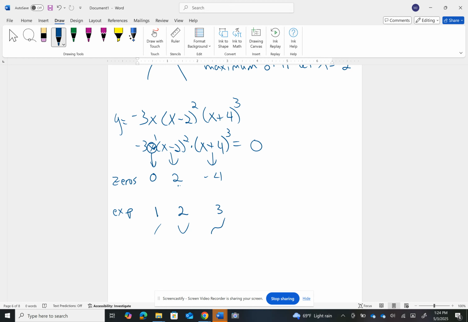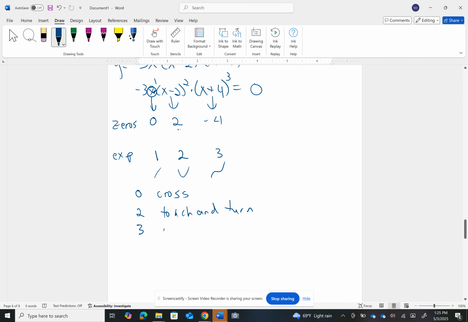So it still crosses the x-axis. So the 0 would be 0, and it would cross. Okay. And then 2 would be a 0, and it would touch and turn. And then the negative 4 is going to be a 0, and it's going to cross, but it just flattens as it does so.